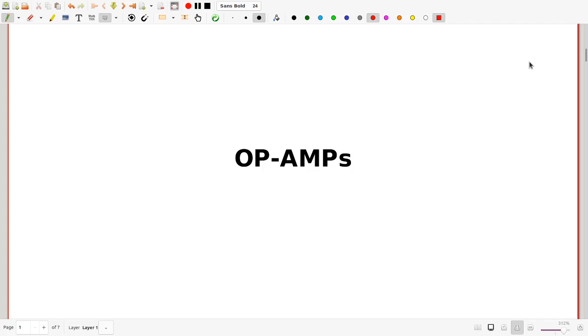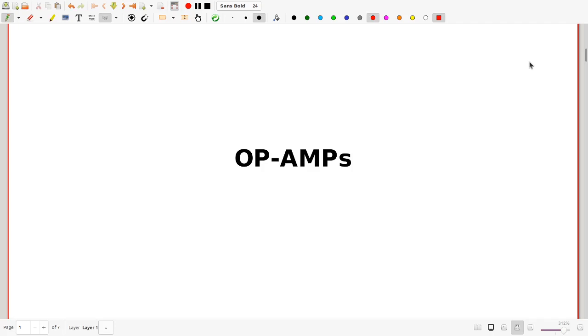However, as you will soon see in this lecture and the next few lectures, once you take the working of an OpAmp for granted, using the OpAmp in a circuit and designing wonderful, really fascinating circuits using OpAmps is quite easy.